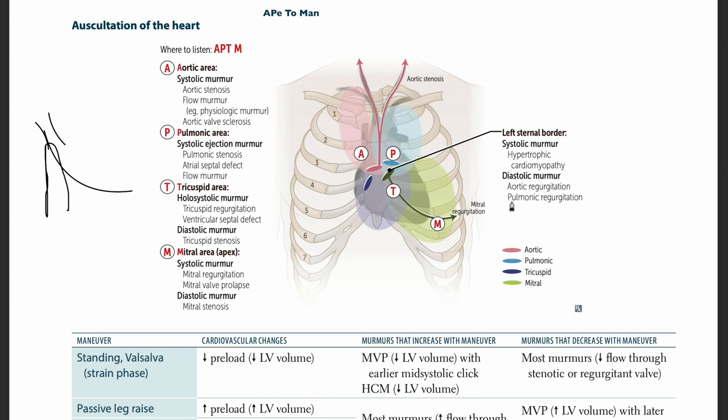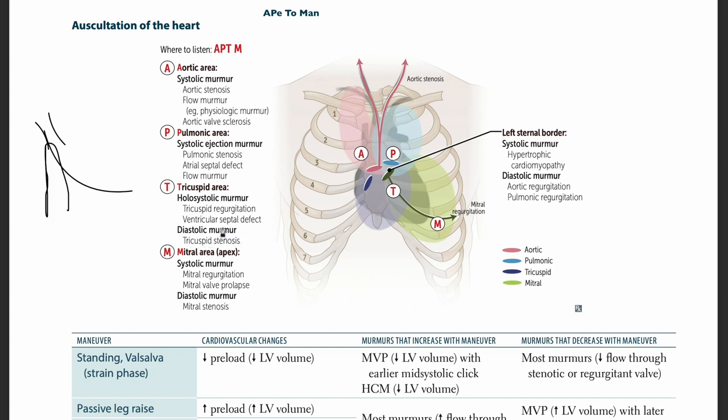Okay. Then tricuspid area. Now you have holosystolic murmur here. It could be tricuspid regurgitation or ventricular septal defect. So ventricular septal defect, you'll only hear it on the tricuspid side, not this side. Okay. Then you have diastolic murmur there as well.